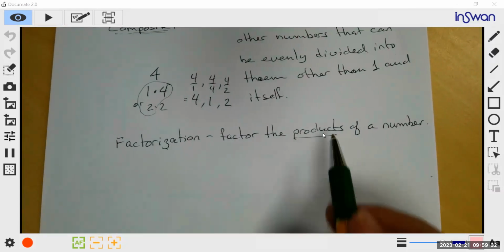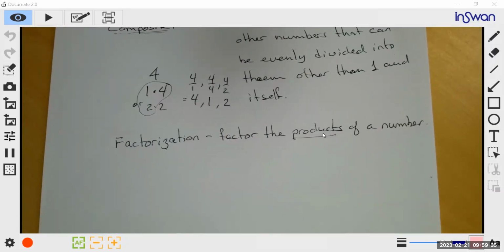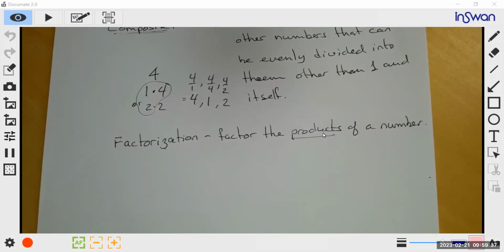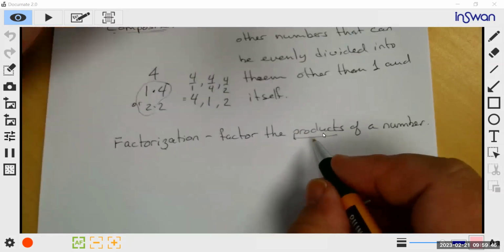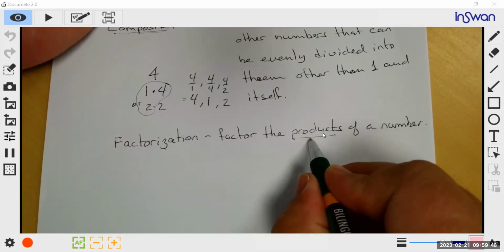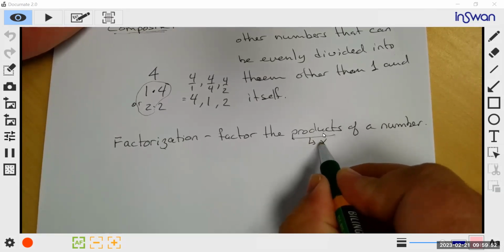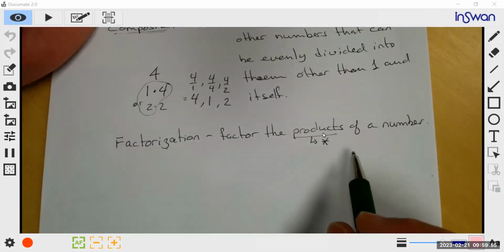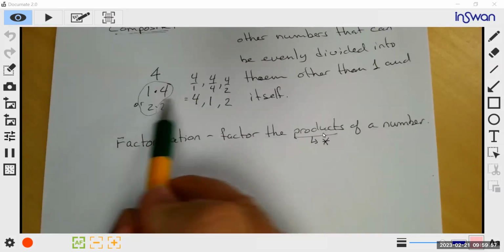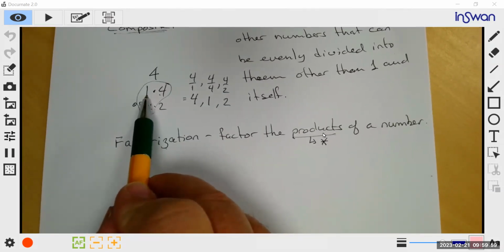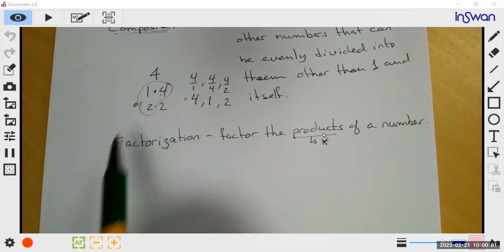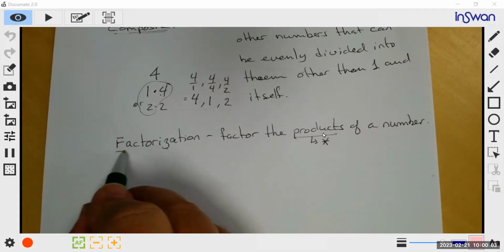What does it mean, products? When I say products, what do I mean? Sum is a different word. Sum means addition. Product means times, multiplication. So here, 4 times 1 is 4, 2 times 2. So it's the product.